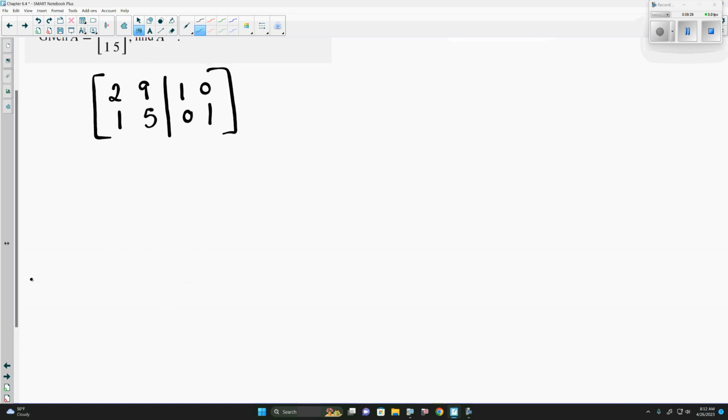If we want this first spot here to be a 1, well, this one's already a 1, yes? So one thing we could do is just flip rows 1 and 2, so I can make the first one be a 1. We've done this before, because this is now 1, 5.